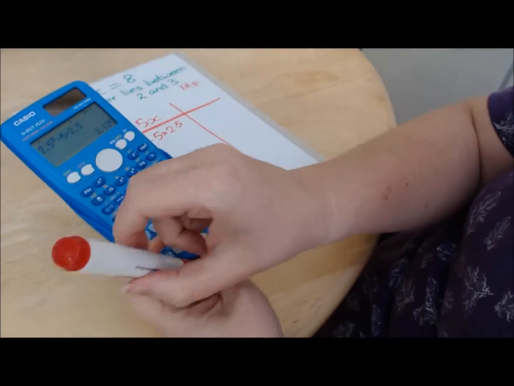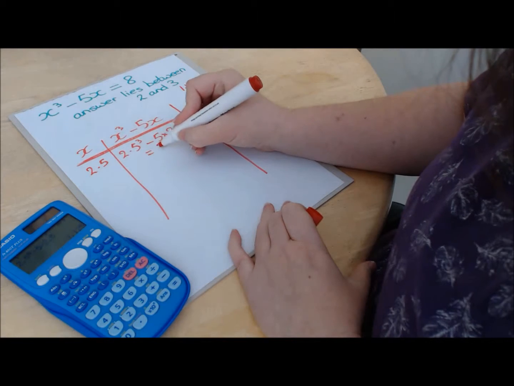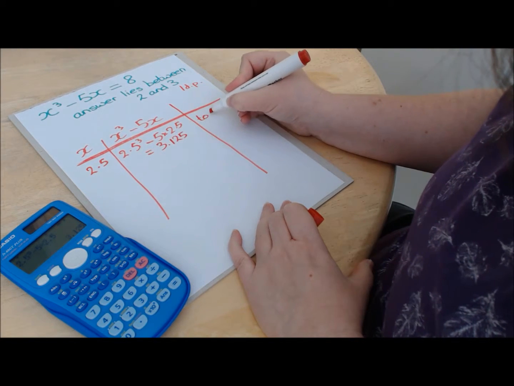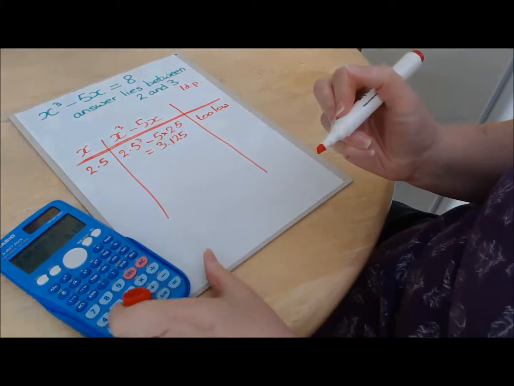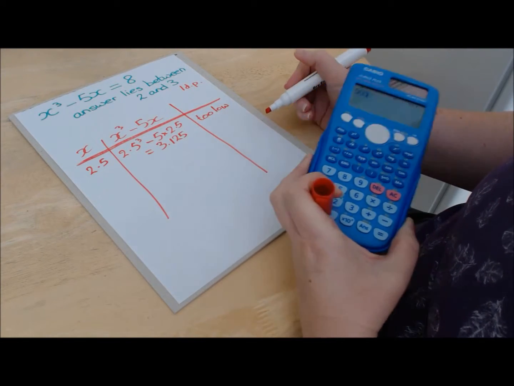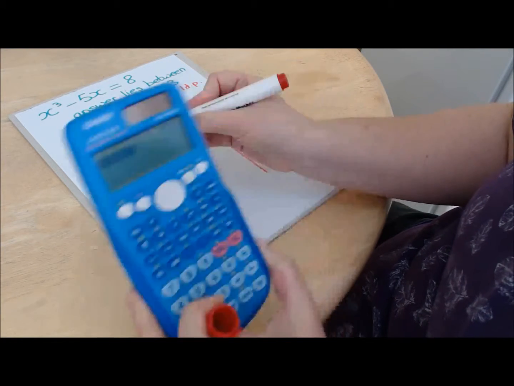Okay, so that's giving us 3.125, which is very definitely too low. Okay, so it's quite a bit too low, so this time I'm going to take a bit of a gamble and I'm going to try 2.8 this time.